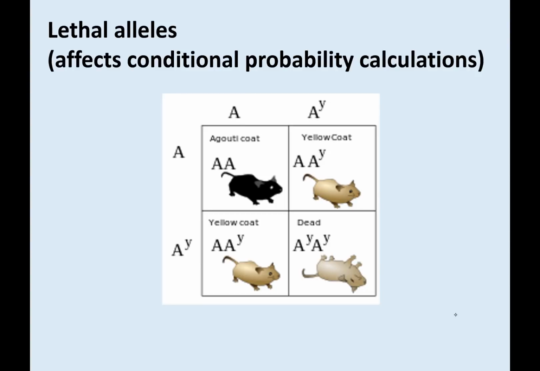Lethal alleles. We talked about this with achondroplasia. Lethal alleles generally mean death before birth or shortly after. And the only way you know that there's a lethal allele is that when you do a standard cross, you don't get the expected phenotypic ratios.